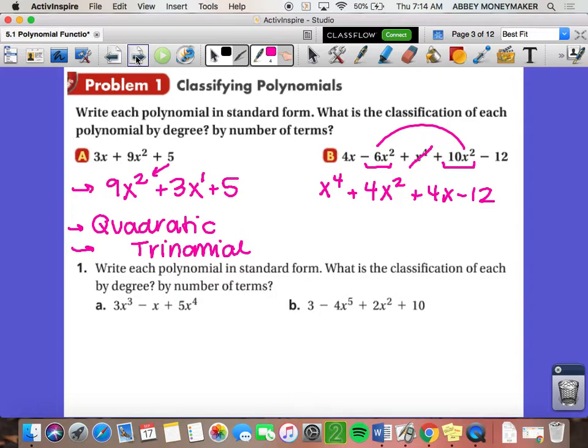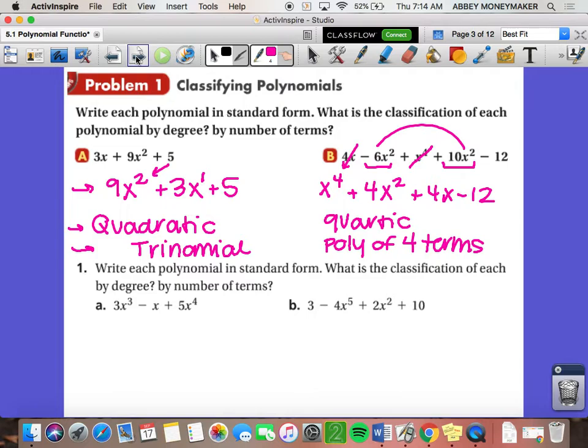So I've got my equation in standard form. Next, I'm going to look at my highest power, which is 4. So that would be a quartic, 4 quarters in a dollar, 4 quarts in a gallon, quartic. And then I have 4 terms, so this would be a polynomial of 4 terms. And that's my answer.